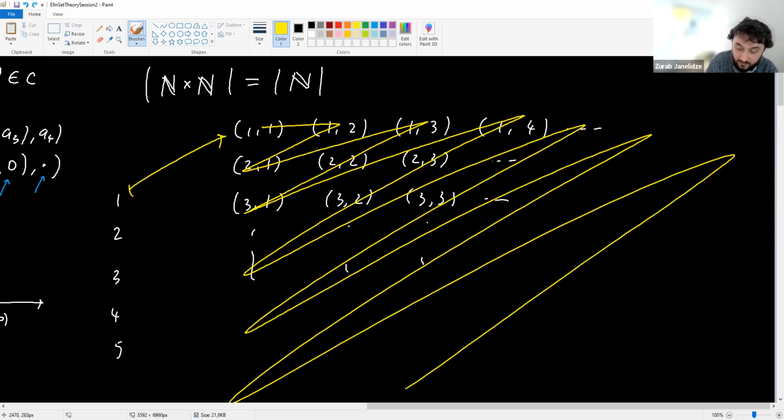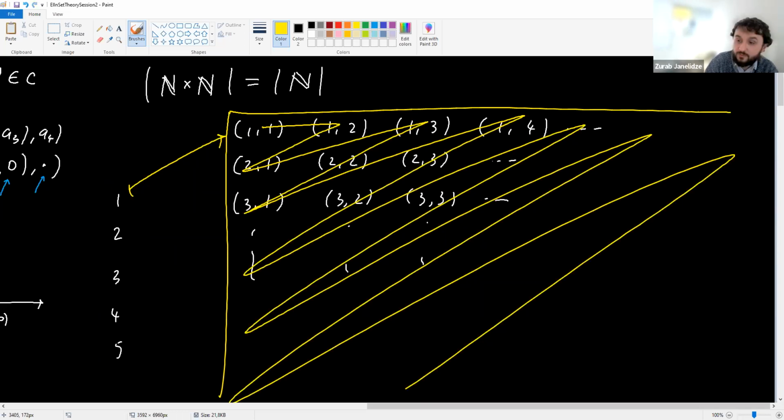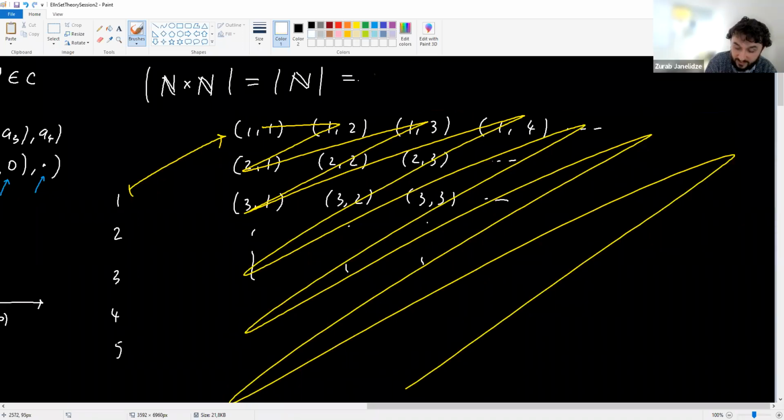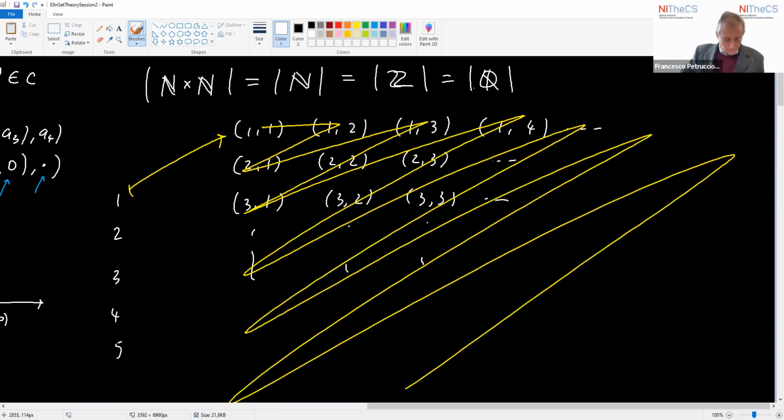Each diagonal in the zigzag is finite, so we get a one-to-one correspondence between the set of natural numbers and the set of entries of this infinite matrix. The same argument will work for this question as well, because this is the same as Z, and that's the same as Q, so the answer follows.